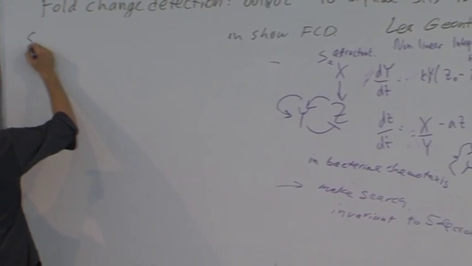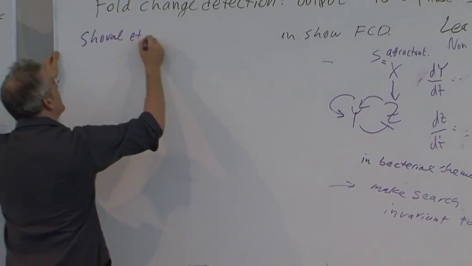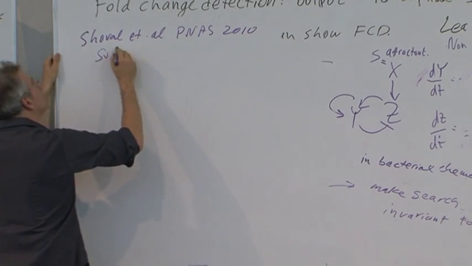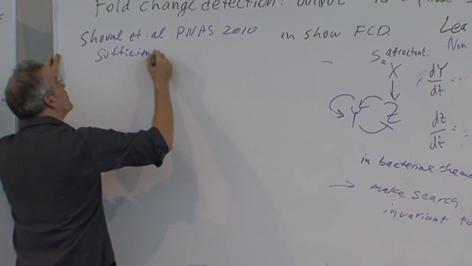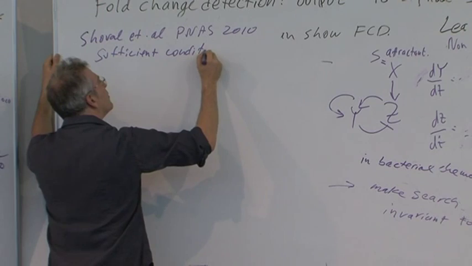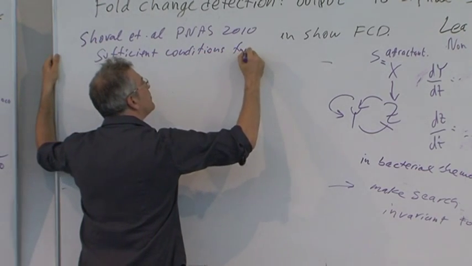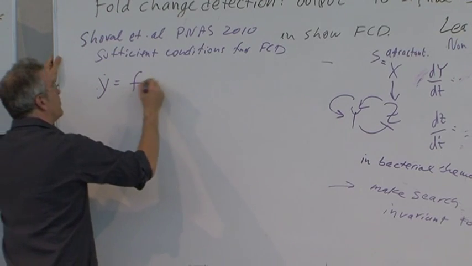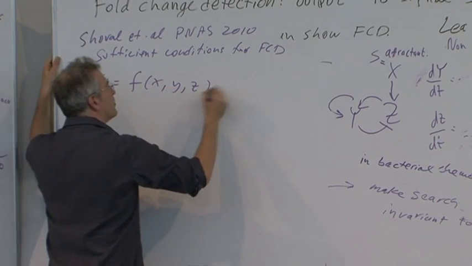So this is called the Shoval et al., PNAS 2010, sufficient conditions for FCD. You take a general system. You have your input x.